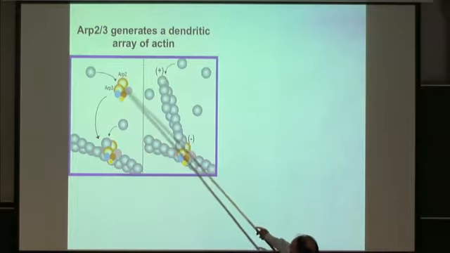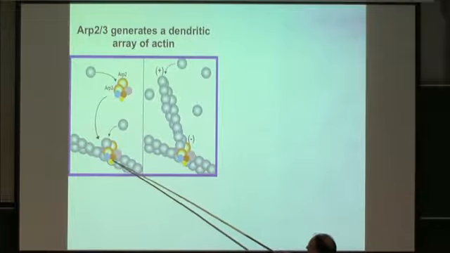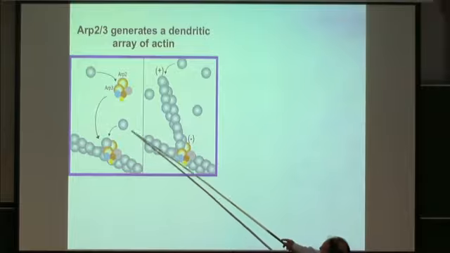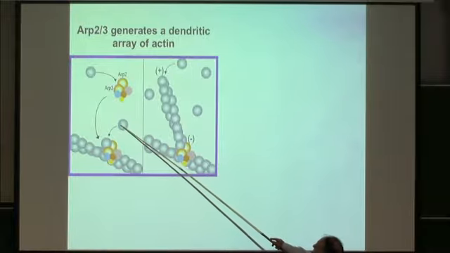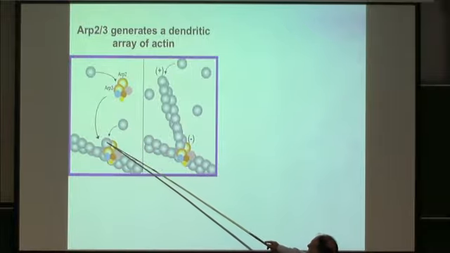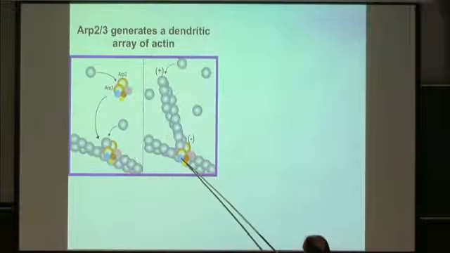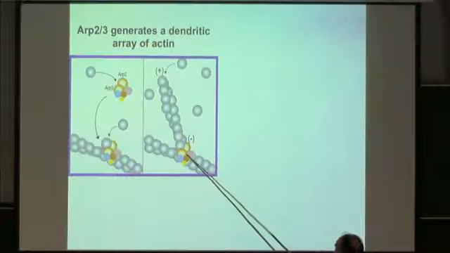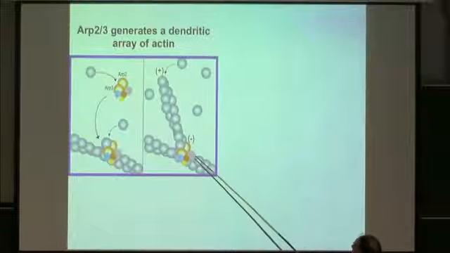When this complex binds to the side of a pre-existing actin filament, and then another actin molecule binds here, you have an imitation of a nucleus consisting of 3 monomers, and this nucleus can then give rise to a newly formed polymerizing actin filament.